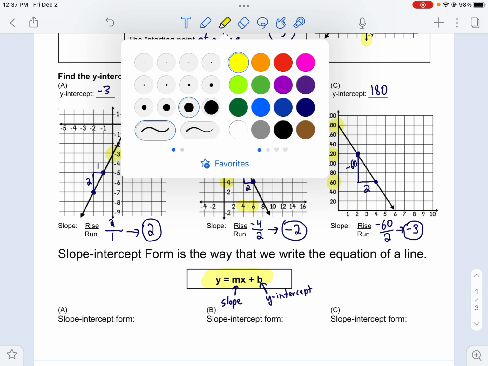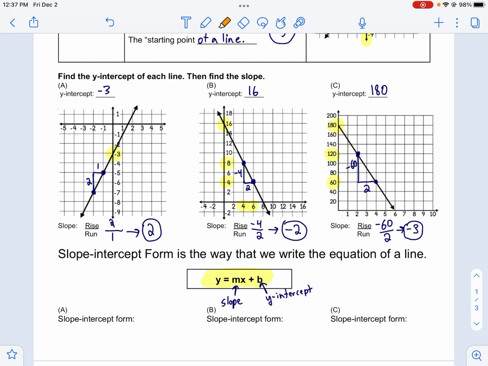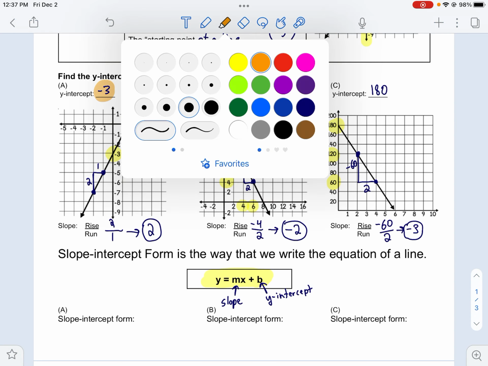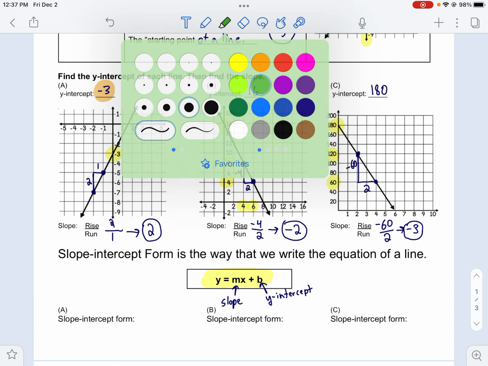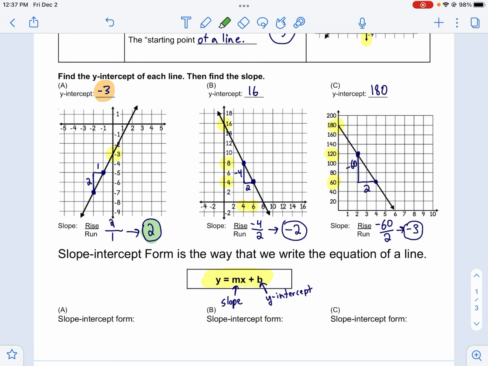So, if we take a look back at example A, you'll notice the y-intercept was -3, and the slope was 2. So to write the equation of this line, we would write y equals 2x minus 3. Again, the number for the slope goes in front of the x.